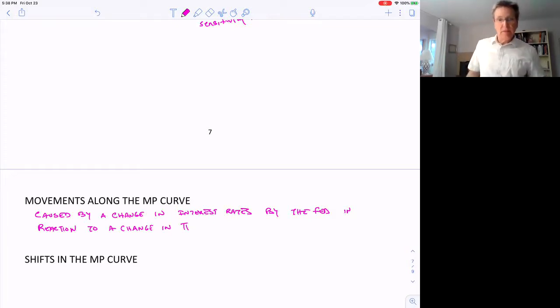How much is determined by lambda, the slope of that line.